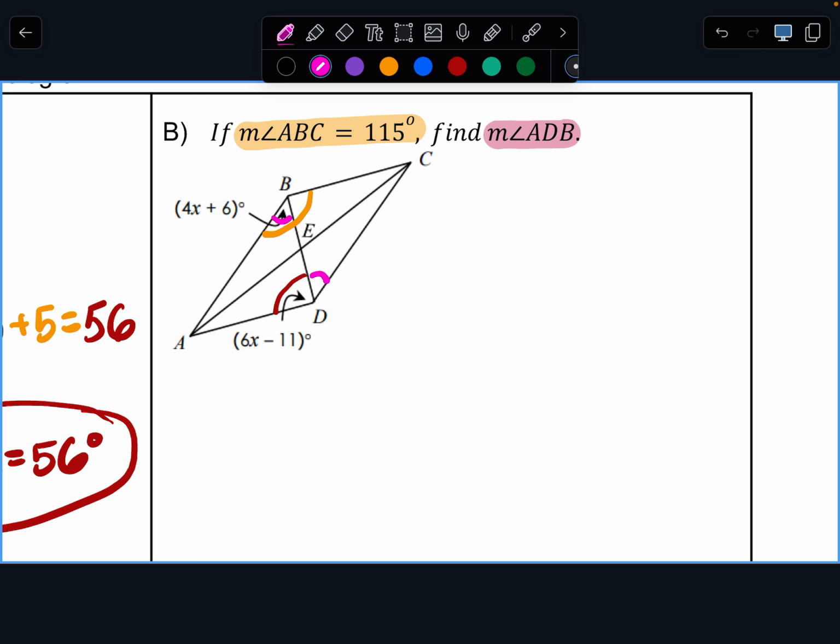So that means I can write 4x plus 6 here, and I can also write 6x plus 11 here, because they're alternate interior angles.